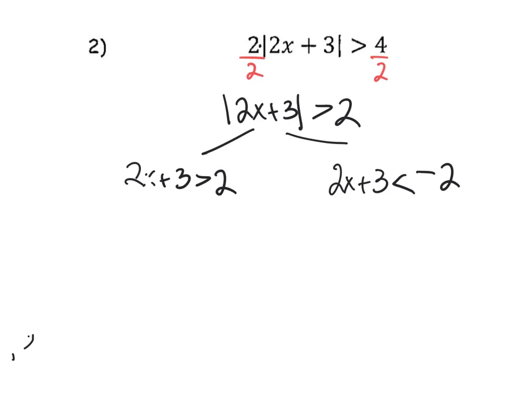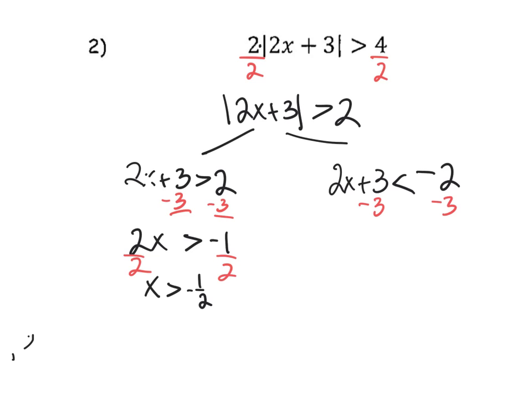So let's do our math. Subtract 3. 2x is greater than -1. Divide by 2. X is greater than -1/2. Okay, the equation on my right. Subtract 3. 2x is less than -5. Divide by 2.